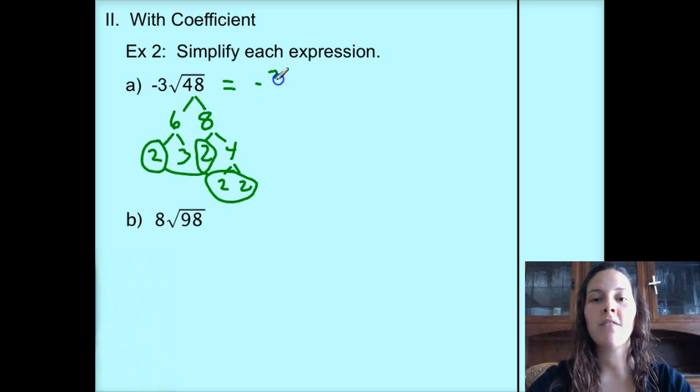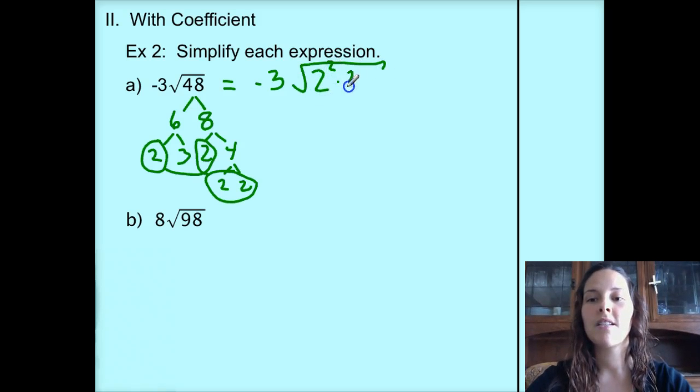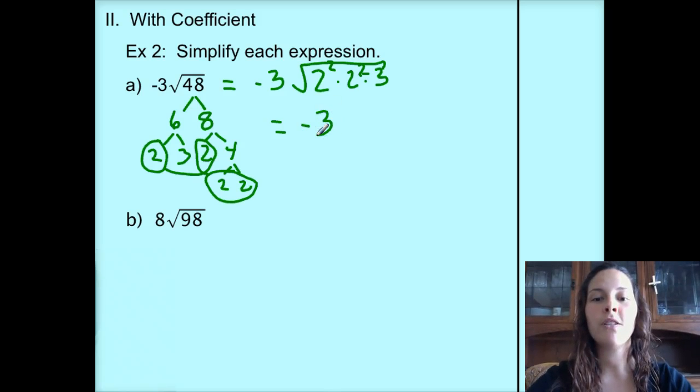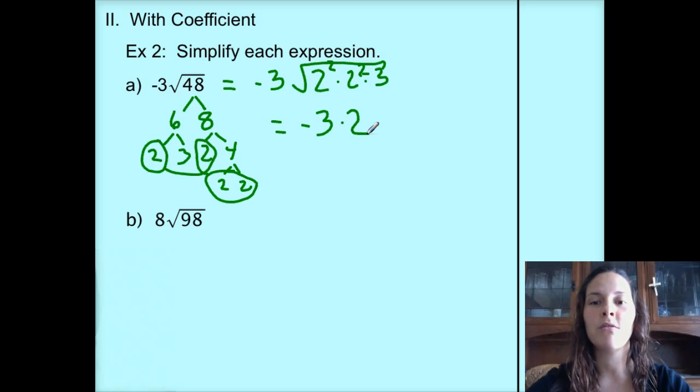So we've got our -3 coefficient, and then we have the square root of 2 squared times 2 squared times 3. The square root and the square cancel each other out. So our first term becomes 2. And remember, everything's multiplication. So we're still multiplying when we pull these 2's out.